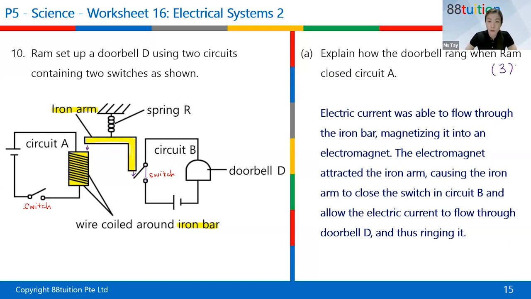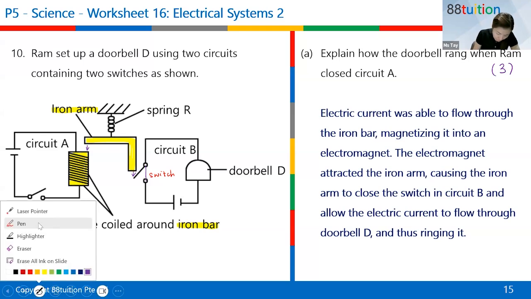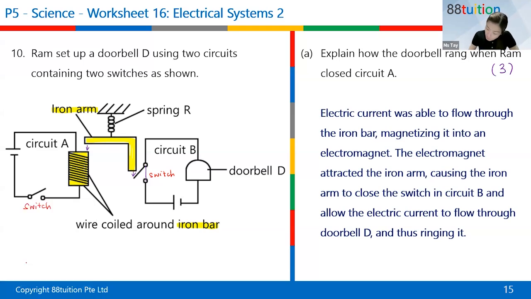This may be a 3-mark question. How will this be allocated? First mark: talk about this iron bar being magnetized into an electromagnet because the current flows.